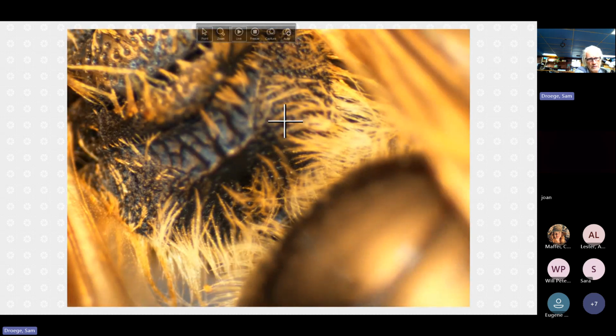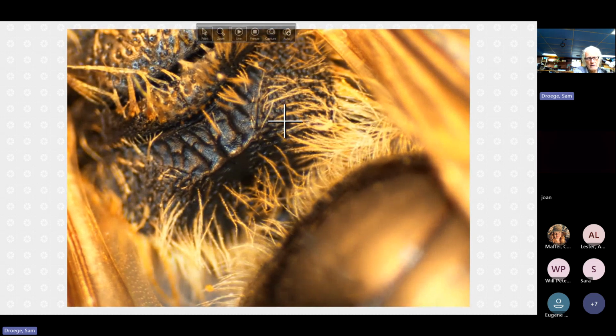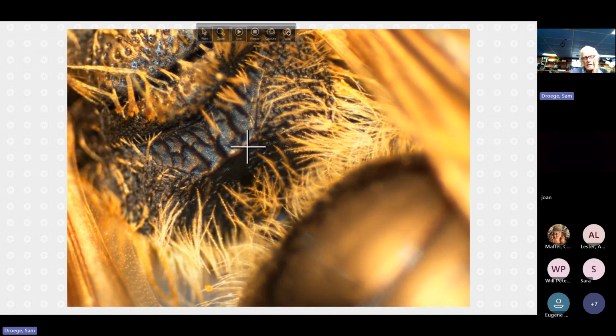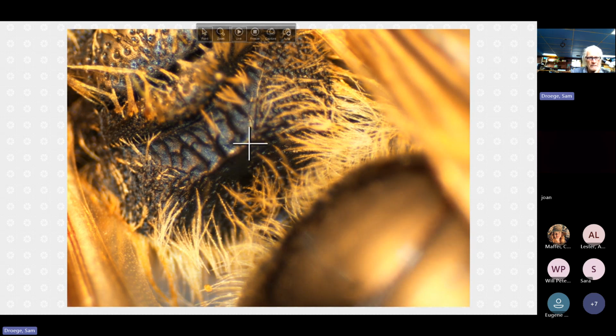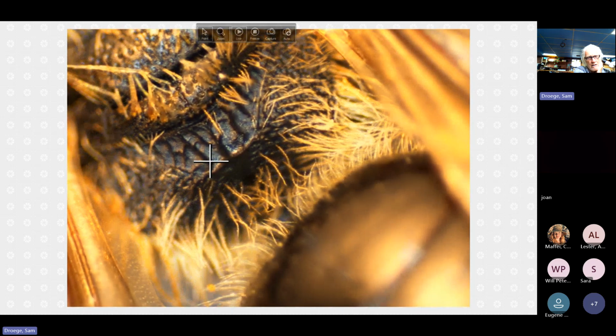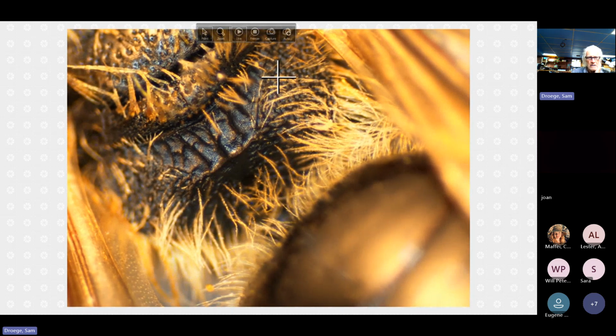So we do have this clearly demarcated situation. Here you can very nicely see the carina that separates the dorsal surface from this vertical surface. Here is the rest of the propodial triangle coming down, but this little carina, this raised line on the edge, is so distinct in this one.